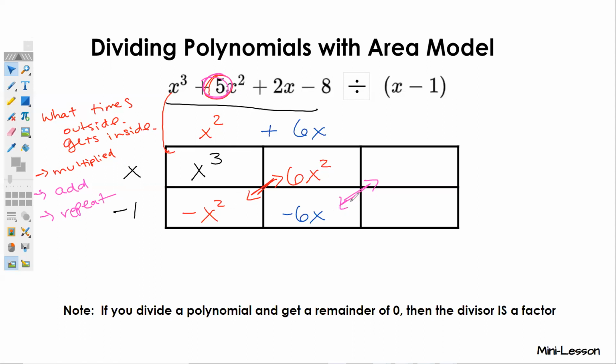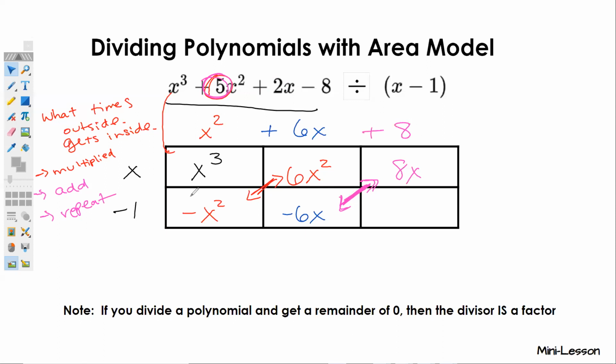So now we're going to repeat that process and we're going to add negative 6x plus what would give us 2x. Positive 2x. 8x. And then you're going to ask yourself, what times x would give us 8x?